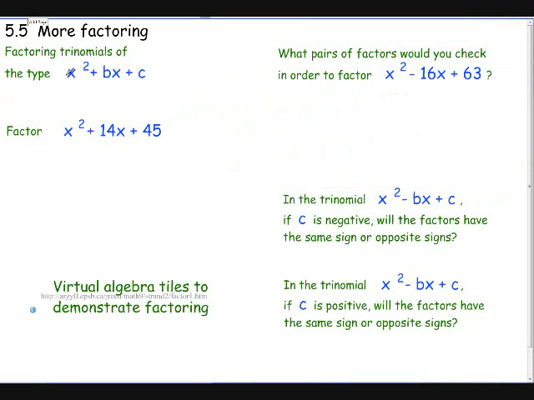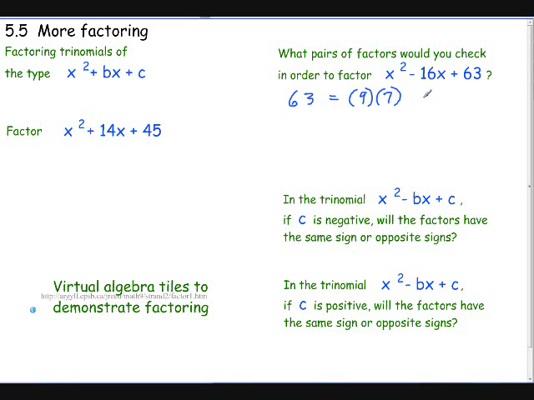Factoring trinomials of this type. Well, we know how to do that. What pairs of factors would you check in order to factor this one? Well, it would be 1 times 63. What factors make up 63? Well, it could be 9 times 7.